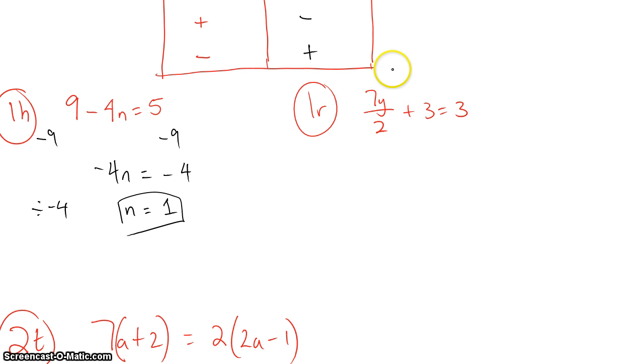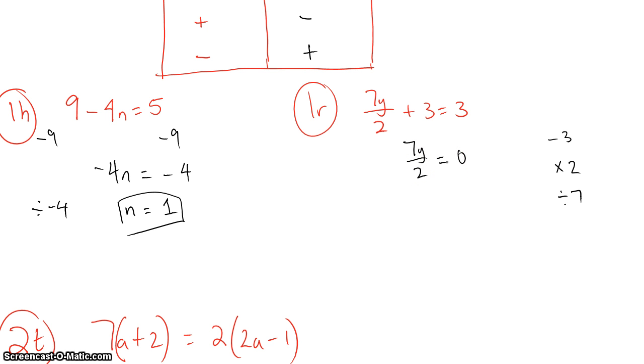When you've got something a little bit more tricky, when you've got a division sign here, you have to go through your SADMOB process, which means I can't do the divide or the multiply, I need to do the subtraction first. So I subtract 3 on both sides, I multiply by 2 on both sides, and then finally I divide by 7 on both sides. I'll do it in 3 different steps. I get 7y over 2 equals, interesting, 3 minus 3, which is 0.